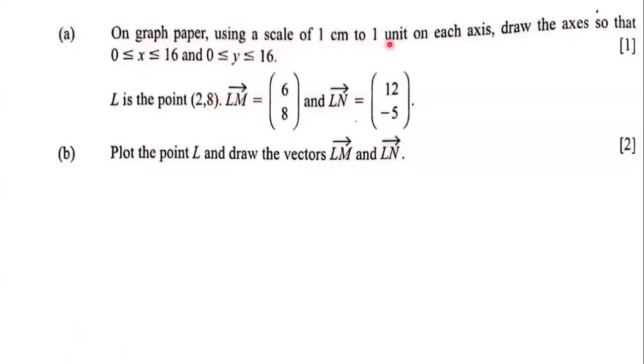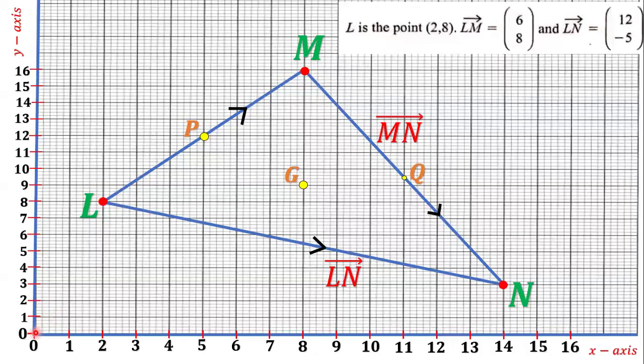They said 1 centimeter to 1 unit, so with each 1 centimeter block we increase our numbers. So we go from 0 to 16 on the x-axis, and the same for the y-axis, 0 to 16. That's the first thing we do, and we label the y-axis and the x-axis.